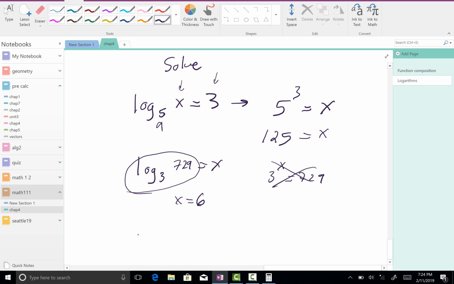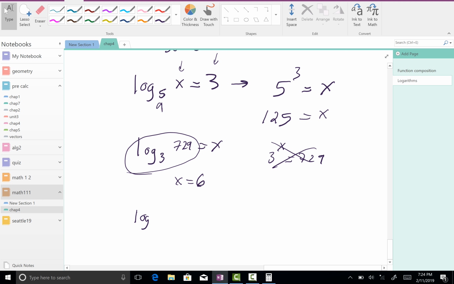All right, so now let's try one like this. Let's put the x here, and we're going to put 1/16 there. And let's go 4 here.